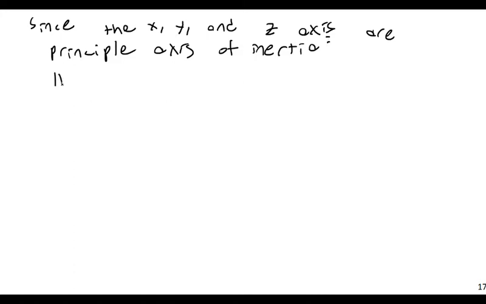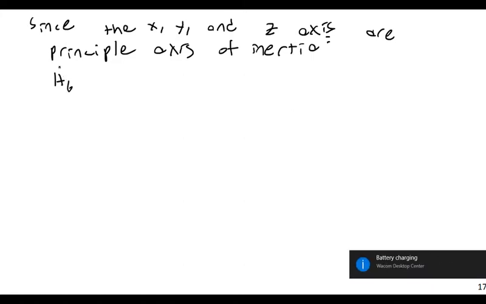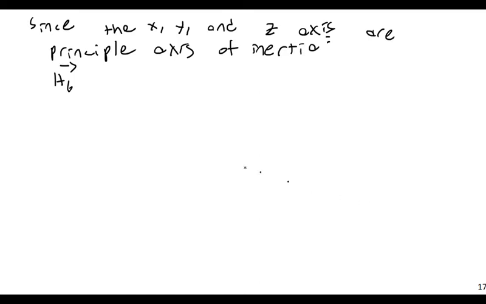Well, then Hg, every time I say Hg, I just want to add wells to it, but anyway, thank you for telling me that, Wacom, I did not need to know that. Hg is equal to Ix bar times omega x times the unit vector i plus Iy times omega y in the j direction.